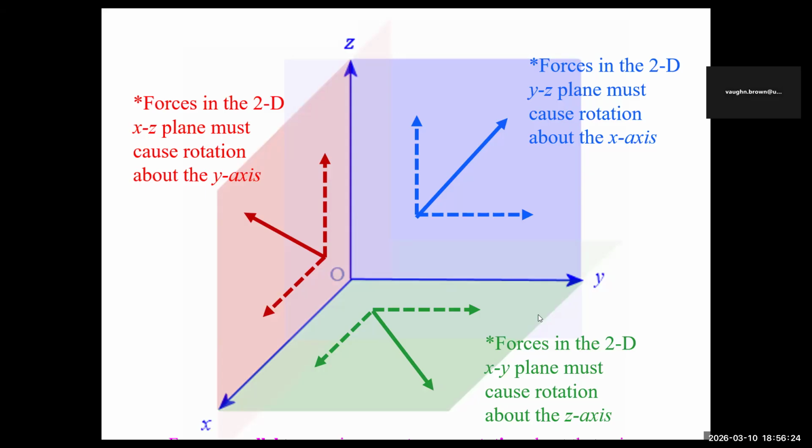If you have a force parallel to this one, it can't cause rotation about this axis. And similarly, a force parallel over here can't cause rotation about the y-axis. If you have a force in the x up here parallel to the z, it cannot cause rotation around the z. If you have one parallel to it over here, again no rotation about the z. Wherever it's parallel, you get no rotation about that particular axis, right?